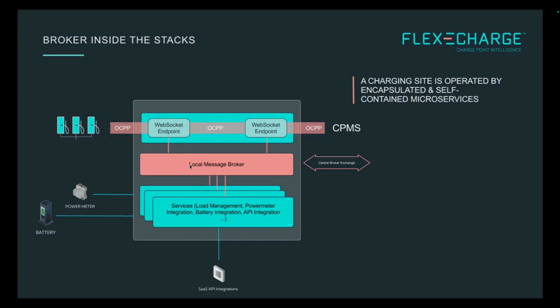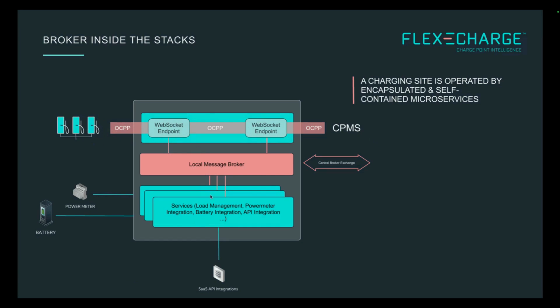So these WebSocket endpoints are not only publishing information from the OCPP stream into the system, they also subscribe to particular information from the load manager to, for example, change the charge current for a particular charge point.